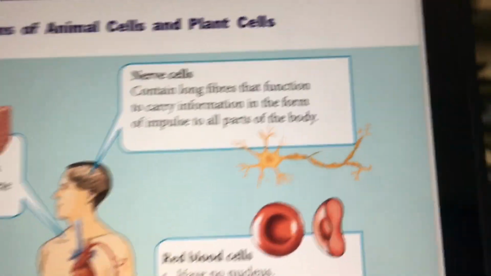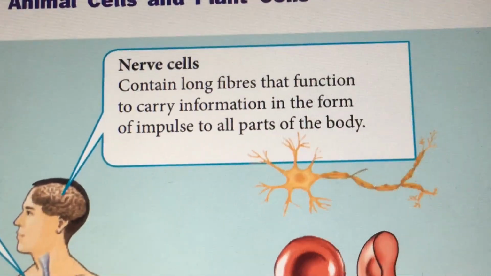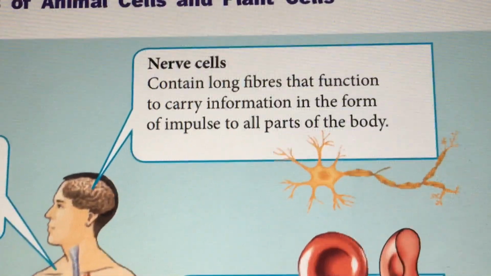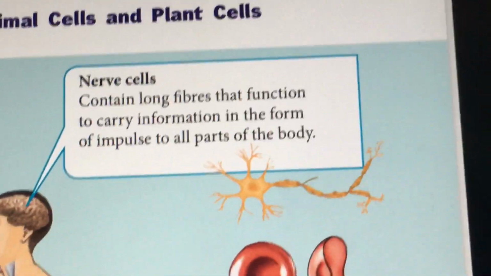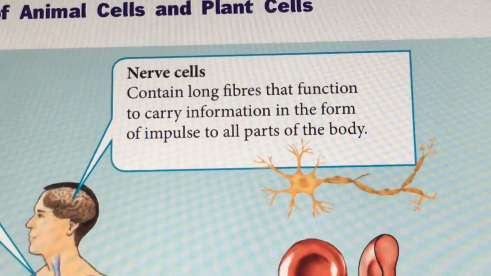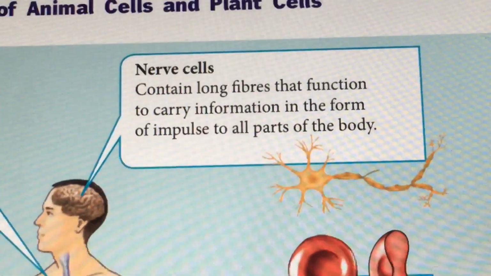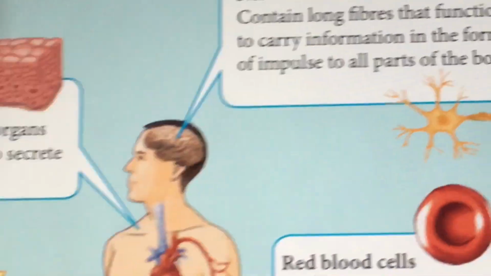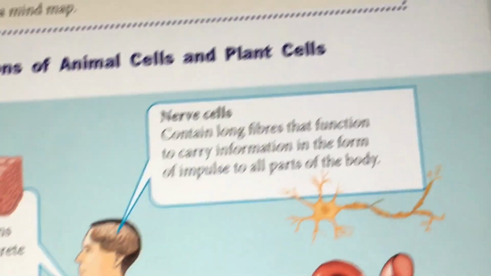Okay, nerve cells in bahasa is sel saraf. S-A-R-A-F. Sel saraf. So nerve cells contain long fibers that function to carry information in the form of impulse to all parts of the body. Dia mengandungi fiber yang panjang yang fungsinya untuk membawa informasi di dalam bentuk renjatan kepada semua bahagian.